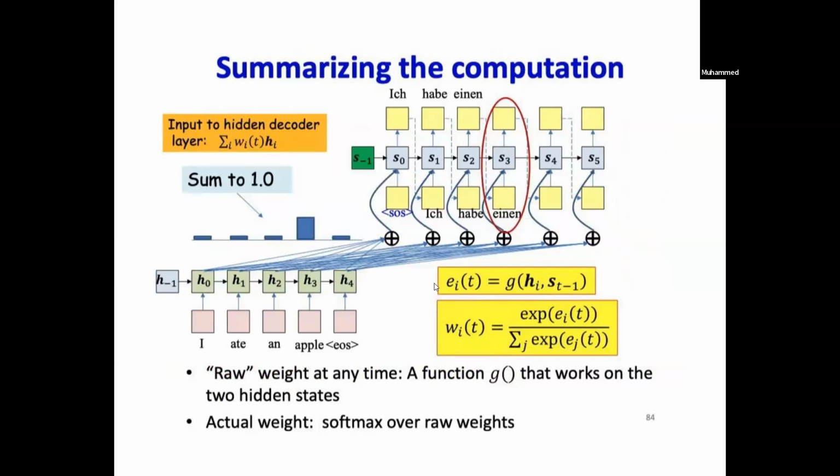Another property that we want this weight vector to have is that we want it to sum to 1. So we want it to be a probability distribution over the input hidden states, so that they will be weighted according to their importance in generating the specific output.